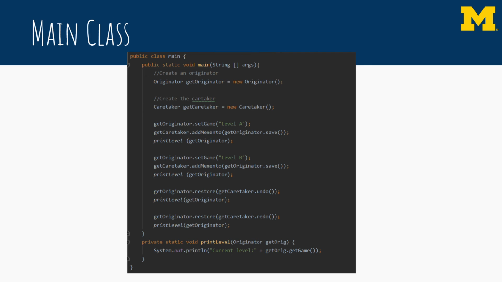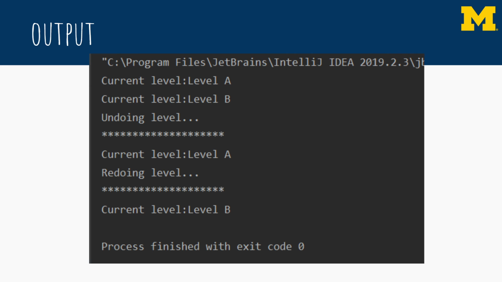So first we undo. If there's a level A and a level B, if we undo it, it should go back to level A, and then if we redo it, it should go back to level B. And then the end is just printLevel, a method to print the current level. So as we see, we have level A and level B. So current level A, current level B, right?